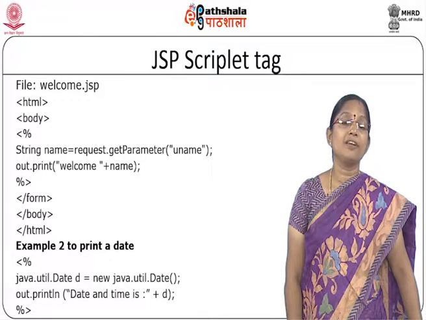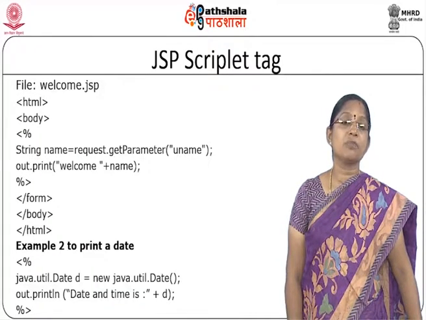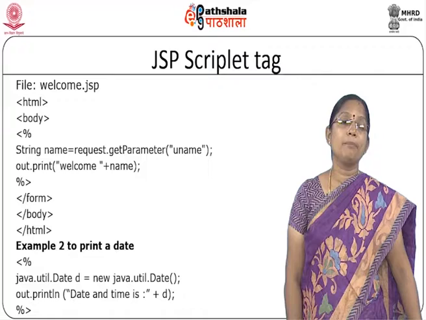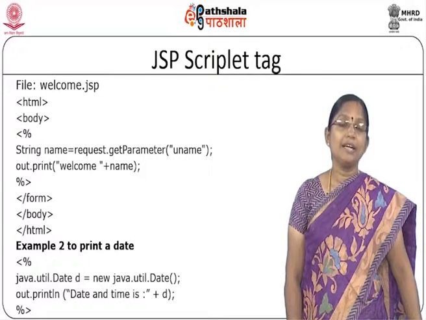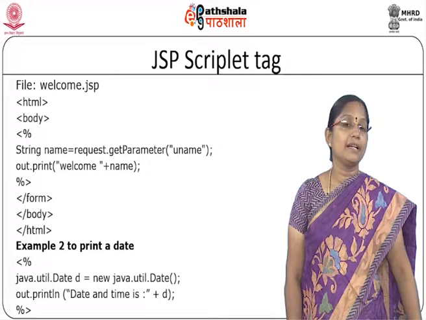It retrieves the user name which has been given from the HTML file, and stores the name in a variable called name, which belongs to the string data type. In the next statement, it simply prints out.print of welcome and that particular name. So on the fly we have embedded Java scriptlet code inside it.